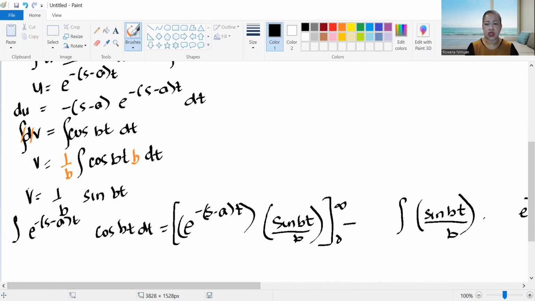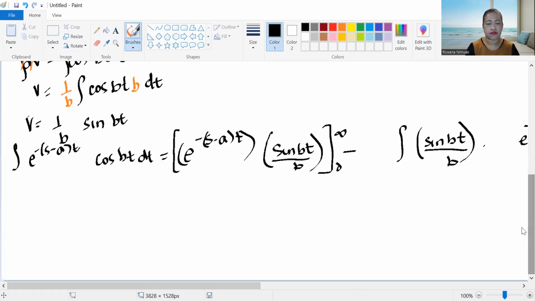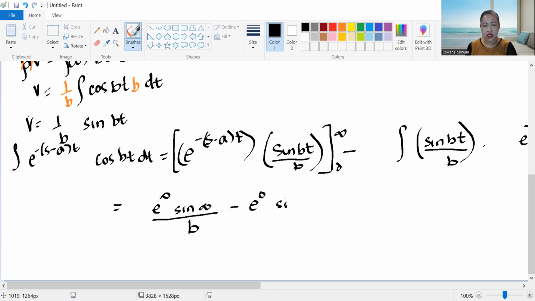To continue, substituting the limits: sine of infinity divided by b, minus sine of 0 divided by b. This whole term becomes 0 because of the e to the negative infinity, and the other term also becomes 0 because of sine of 0.